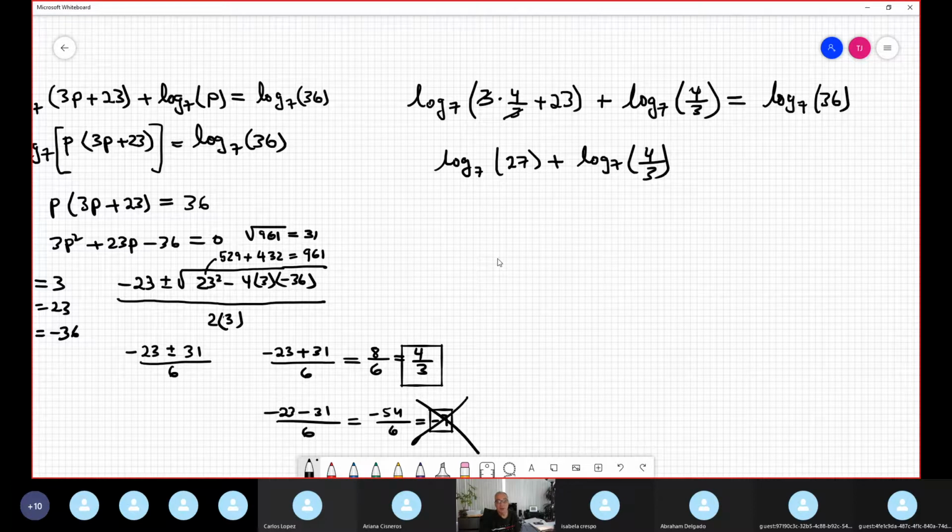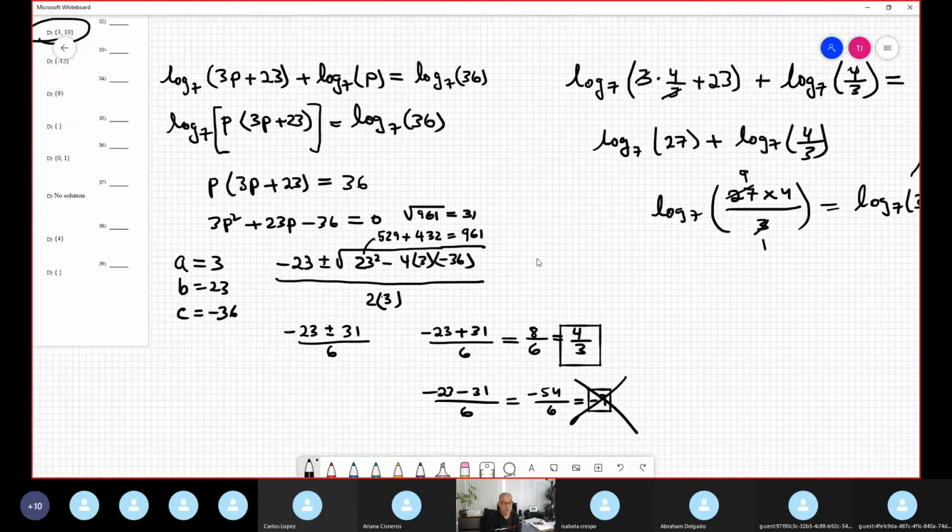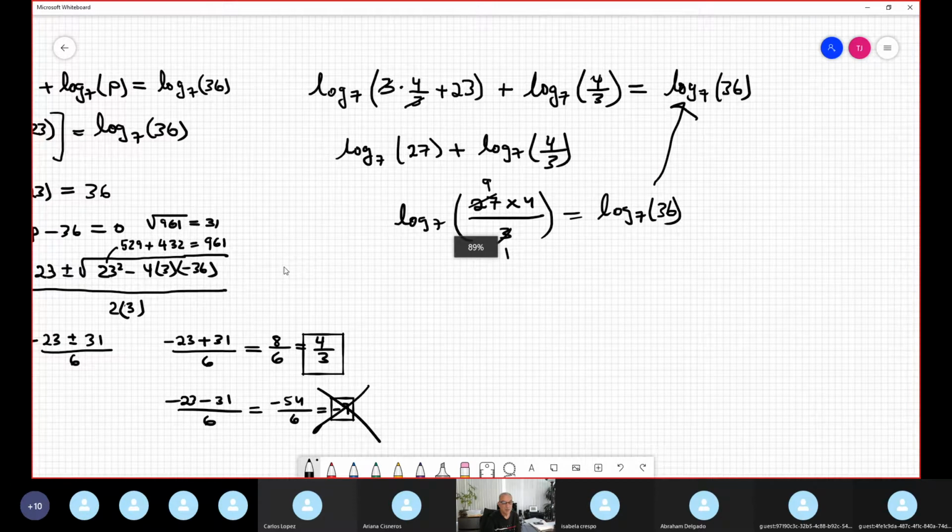One more time, we're condensing into only one. Logarithm base 7 of the multiplication is 27 times 4 divided by 3. I divide by 3 is 1, 27 divided by 3 is 9, and 9 times 4 is 36. Okay, matching perfectly. Now the answer 4/3 is correct.